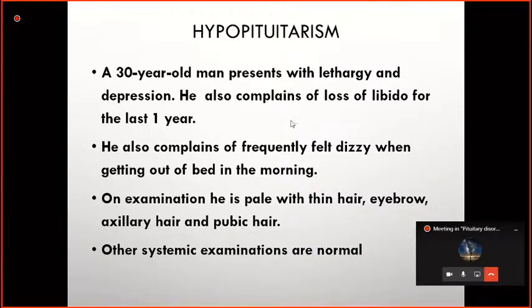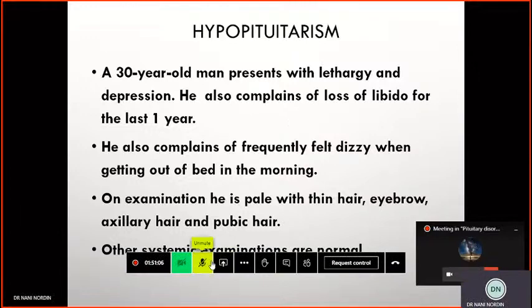Dizziness. What about feeling dizzy when getting out of bed in the morning? Mass effect? What does this mean? Low blood pressure. Okay, why do you think this patient has low blood pressure?